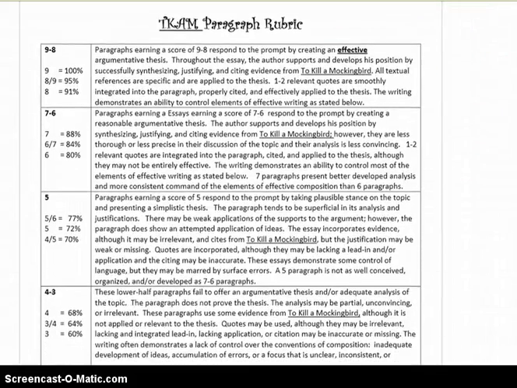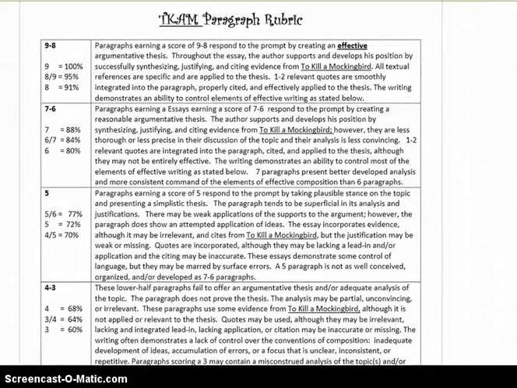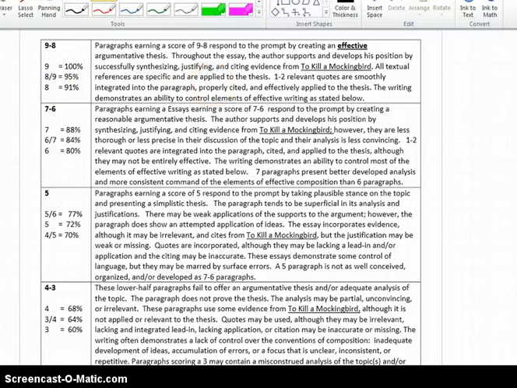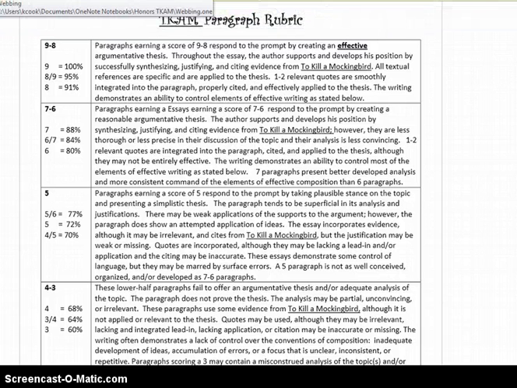Let's take a look now at the rubric. The rubric looks exactly the same as your summer reading assignment rubrics did. So paragraphs earning a score of a 9 to 8 respond to the prompt by creating an effective argumentative thesis statement, which we will be talking about throughout the course of our writing unit.